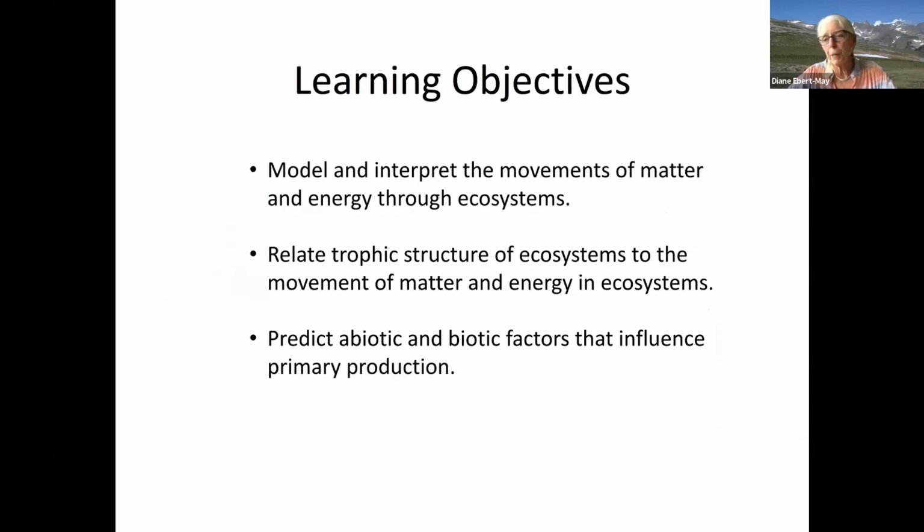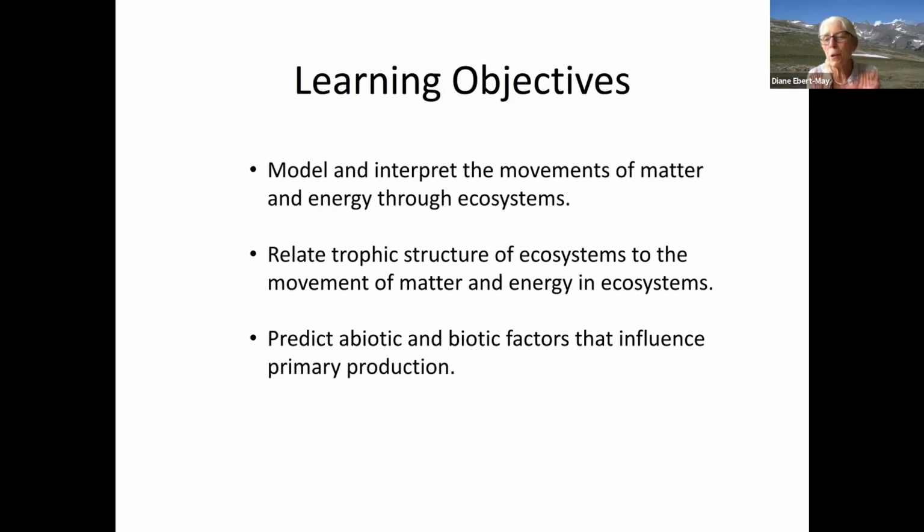Here are the learning objectives for which this assessment is aligned, I claim. Model and interpret movements of matter and energy through ecosystems. Okay, what are they doing? They're modeling and interpreting. What are they doing? Matter and energy. Two, relate the trophic structure of ecosystems to the movement of matter and energy.